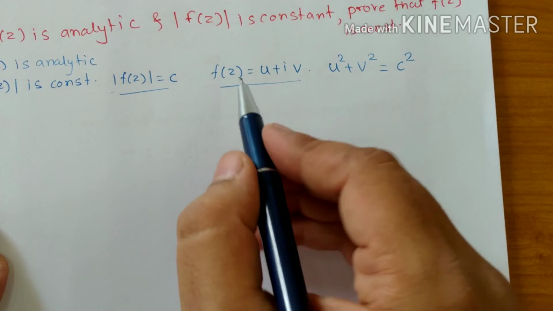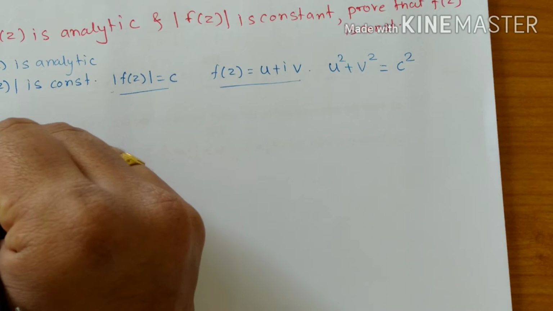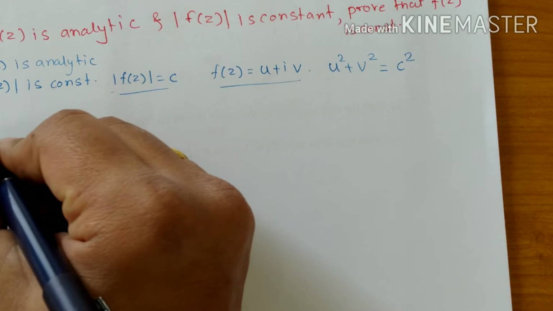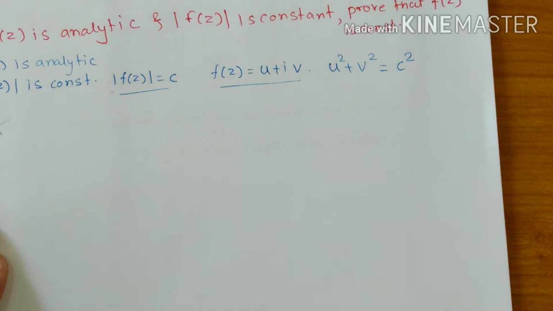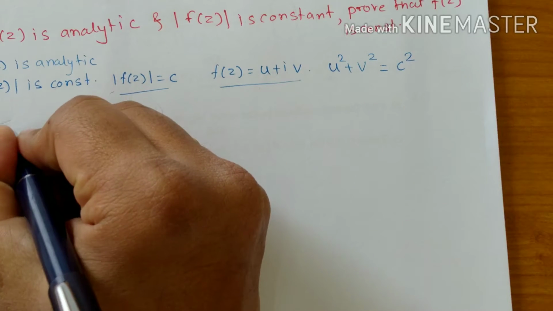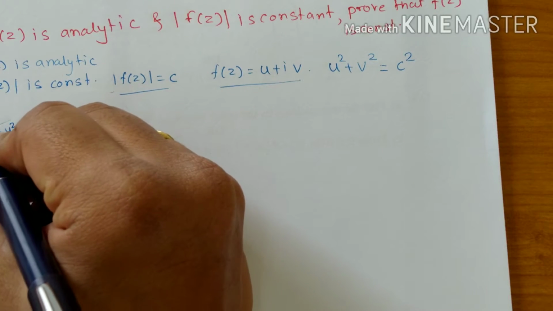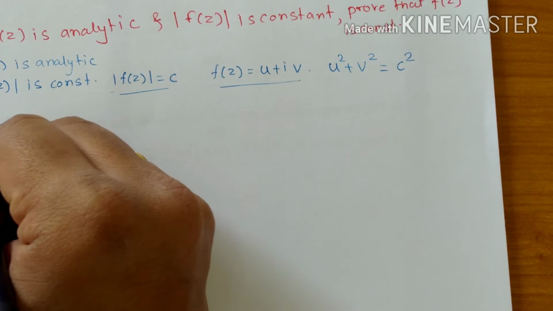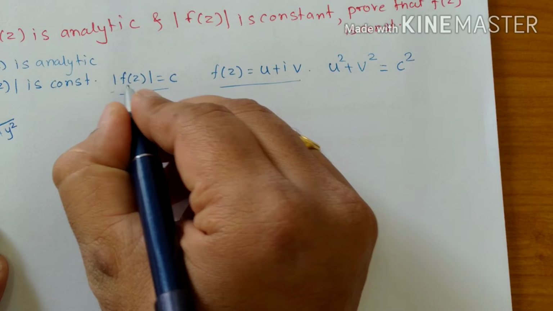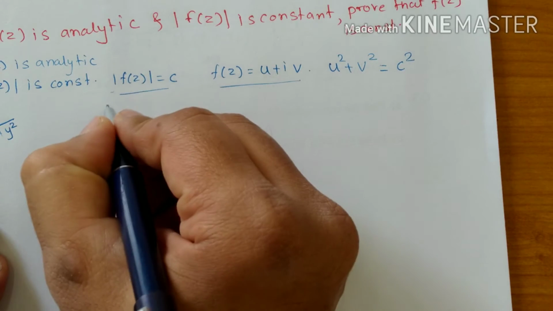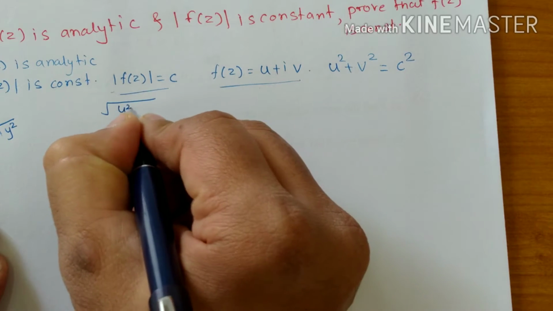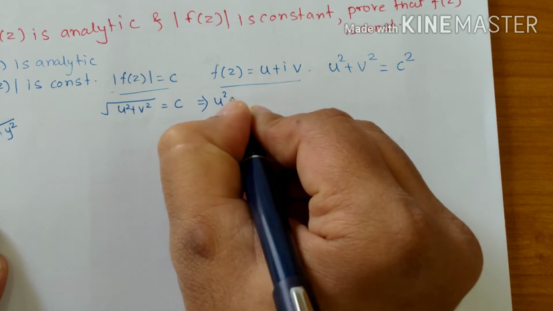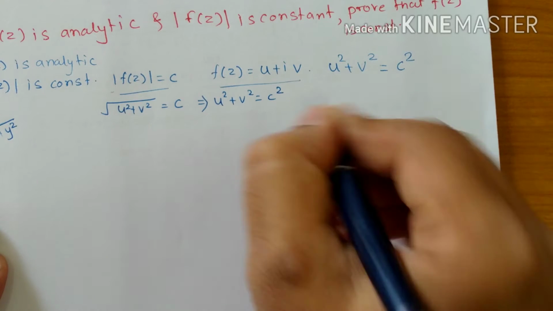When z is equal to x plus iy, then mod z is equal to square root of x square plus y square. But here instead of z we have f of z, so mod of f of z is square root of u square plus v square, which is equal to c. Squaring on both sides we get u square plus v square is equal to c square. This is the reason.